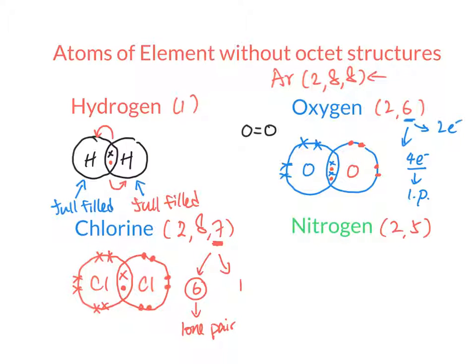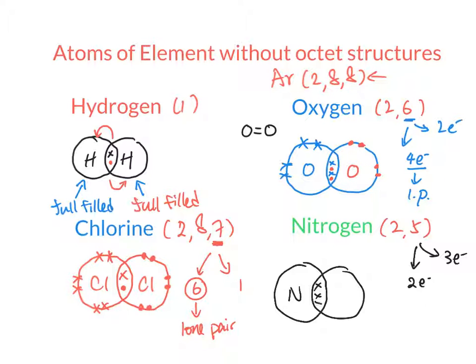Just a rule of thumb: remember how many electrons we put in the sharing zone. It depends on how many extra electrons you want. For example, for nitrogen, we want 3 more, so you put 3 electrons in the middle and have 2 left behind outside. For the other nitrogen, the same.